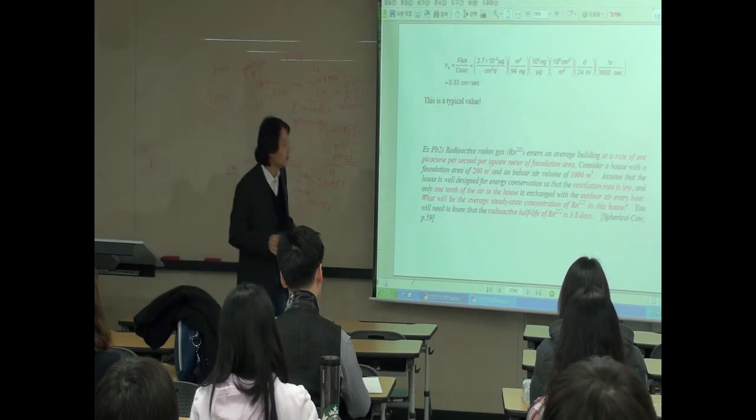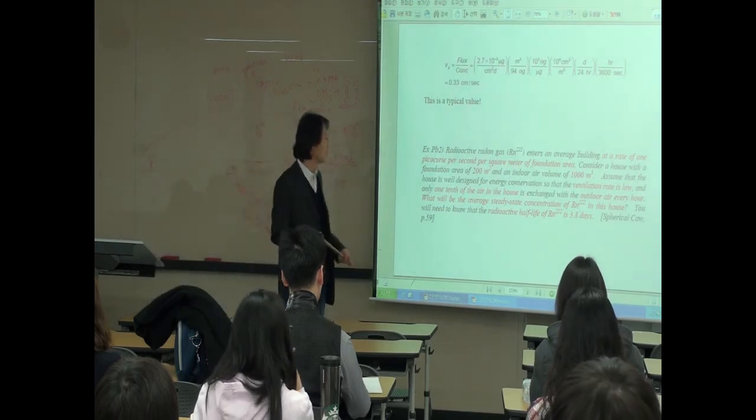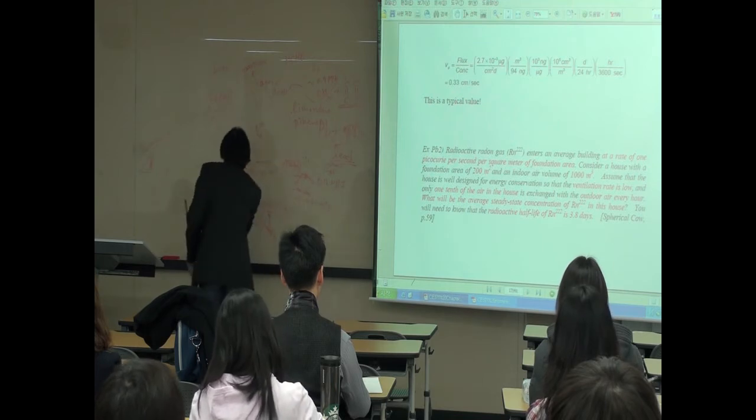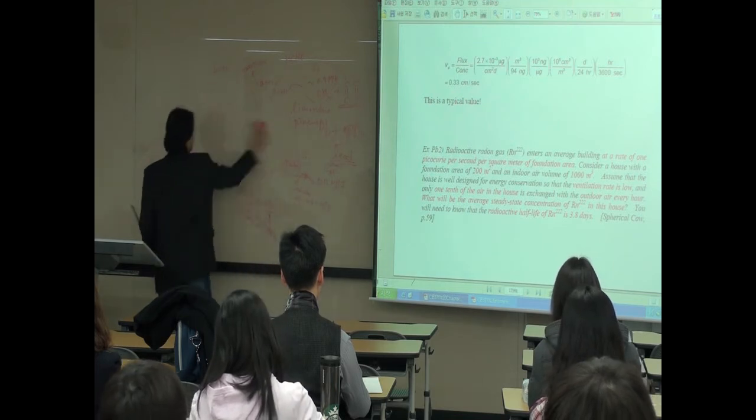So radon gas enters an average building at a rate of 1 picojoule.